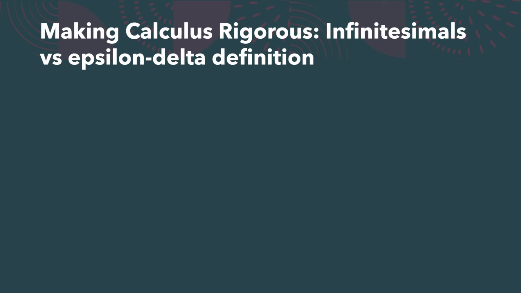So Newton comes along and he says that a derivative is dy over dx. So it's the change in y over the change in x.